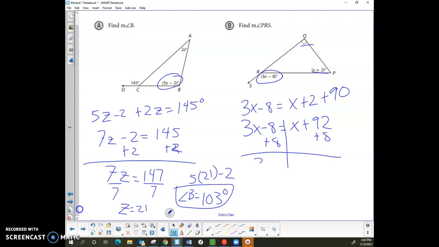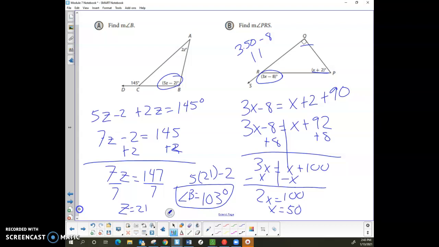So we've got 3x equals x plus 100. We need to get all the x's together. So we've got 2x equals 100. 1x has to equal 50. We're looking for the exterior angle measure. So we're going to take 3 times 50 minus 8, which will give us 142 degrees.